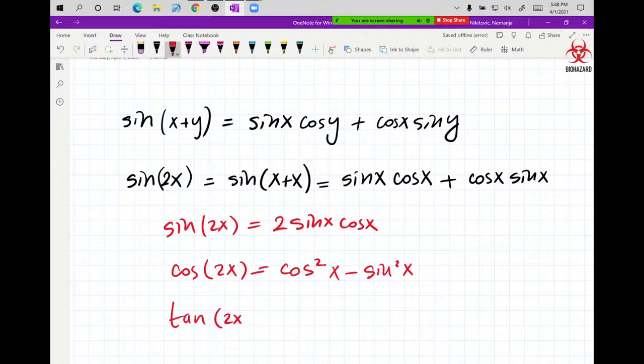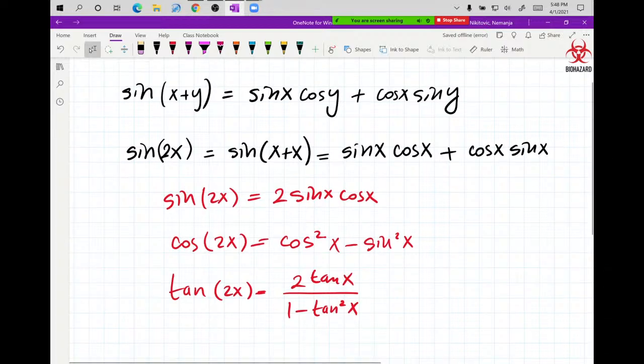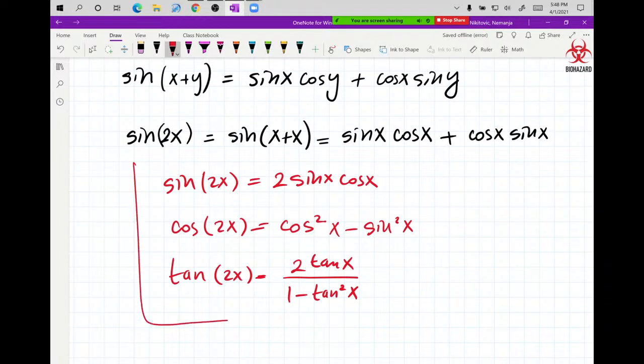And tangent 2x will be 2 tangent x divided by 1 minus tangent squared x. So these formulas, as I said, you learned them as x plus y last class. Now you just change those x plus y into x plus x, and you would have your 2x, which is called the double angle formulas.